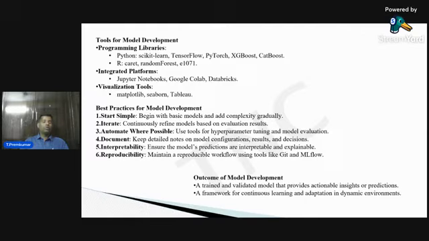After evaluation, we can go for documenting things based on the configuration, results, as well as the decisions. There has to be interpretability, for identifying any issues as well as explainability.